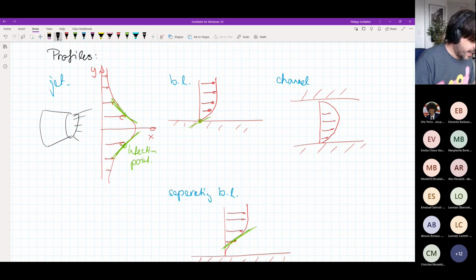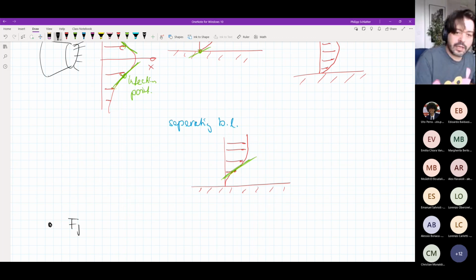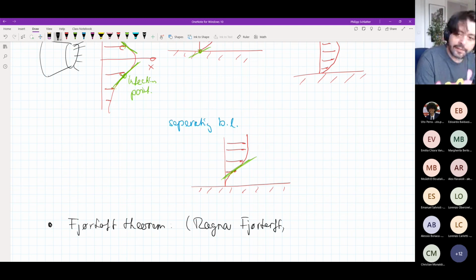Now, there is a very interesting extension to the Rayleigh theorem, a second theorem, due to a guy called Fjørtoft. That's the Fjørtoft theorem, which goes back to Ragnar Fjørtoft, who lived from 1913 until 1998.